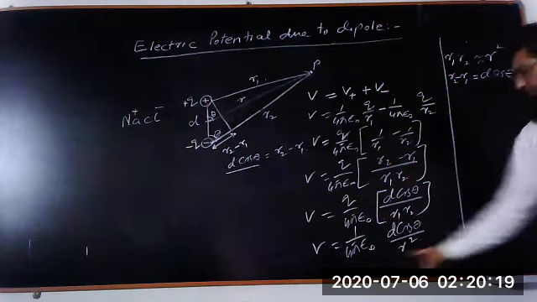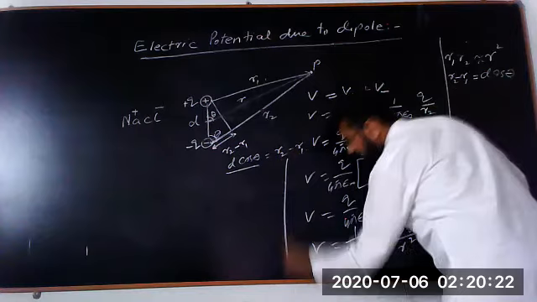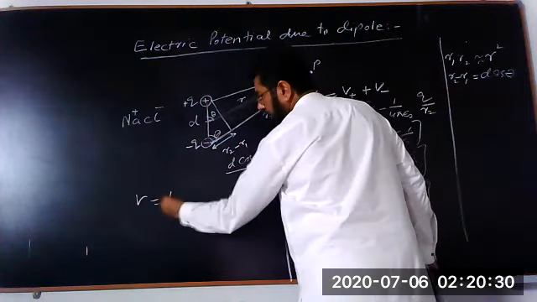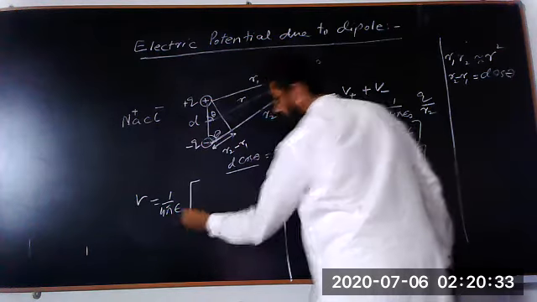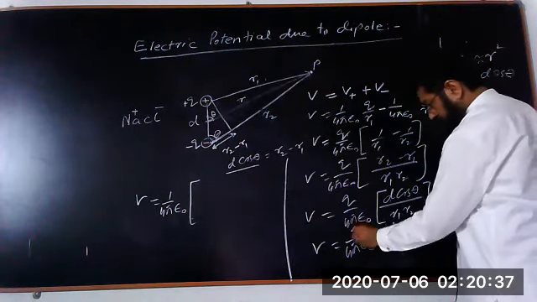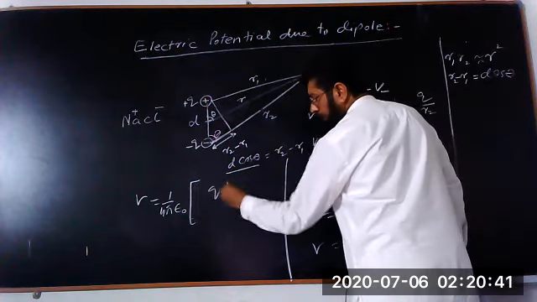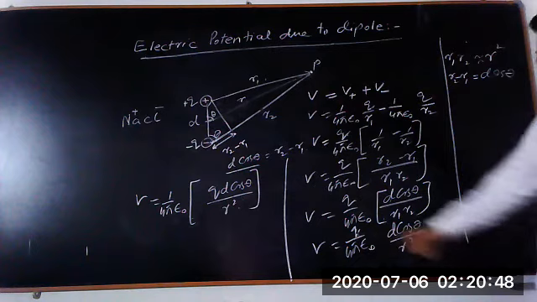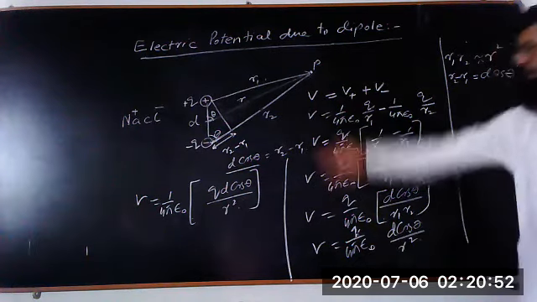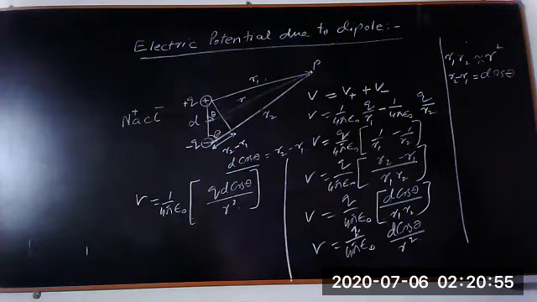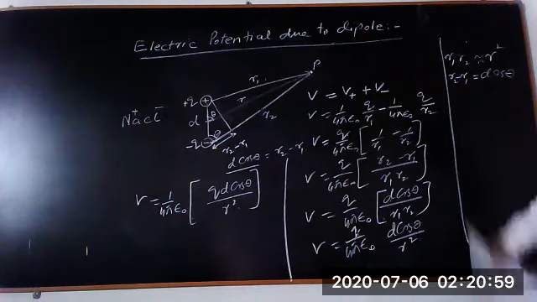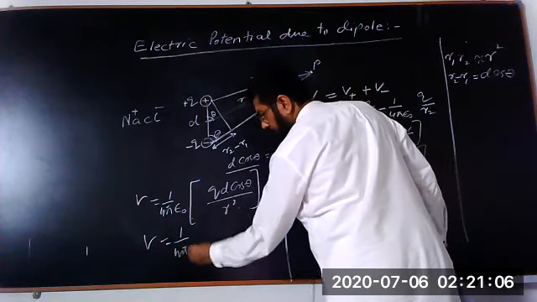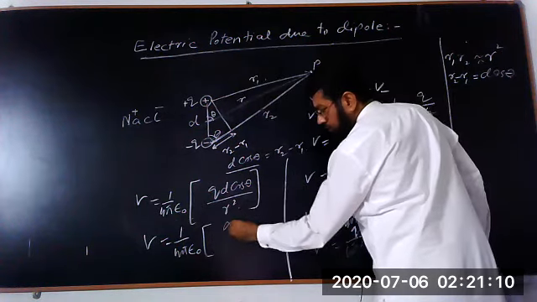Now, I am rewriting this. V is equal to 1 upon 4 pi epsilon naught Q d cos theta upon R square. 1 upon 4 pi epsilon naught we have taken out of the equation. So from here, V is equal to 1 upon 4 pi epsilon naught, and Q into d is Q dot d.